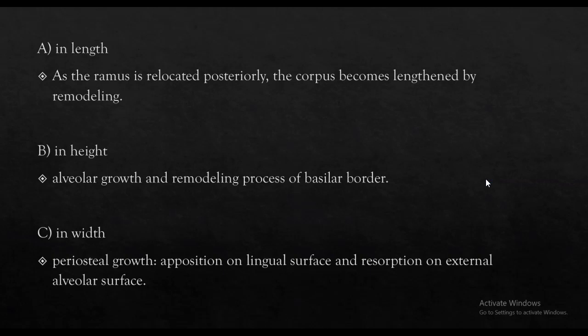Growth in height of corpus depends mostly on alveolar growth and results also from remodeling process of basilar border. Following the synostosis of the symphysial area, the transversal growth occurs by periosteal growth, apposition on lingual surface, and resorption on external alveolar surface.